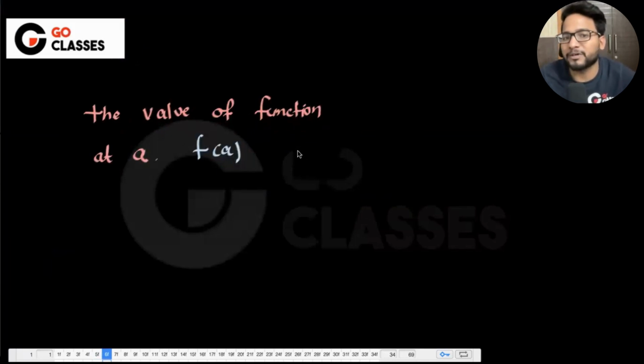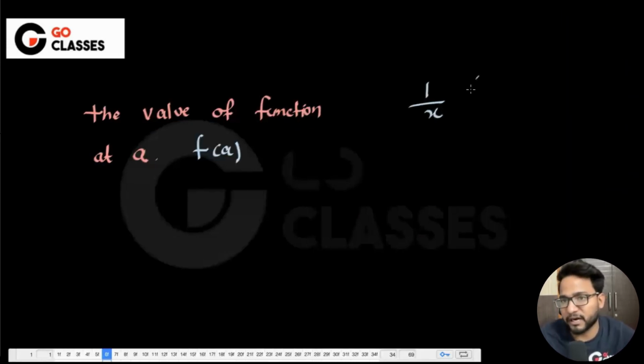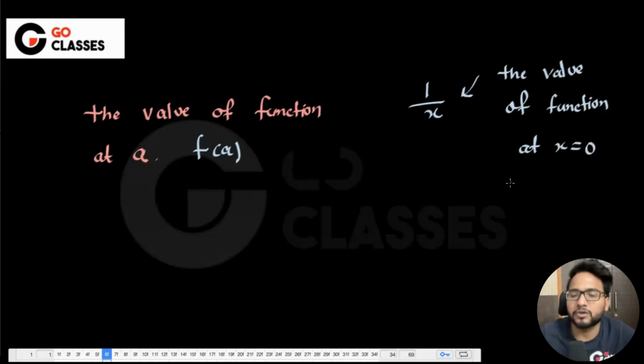I'm not 100% saying that f(a) will be defined. Maybe you have 1 upon x, and if I ask you the value of function at x equal to 0, it is infinity, but infinity is not a number. So you can say either not defined or infinity, it doesn't matter, but by default it doesn't have any interpretation.